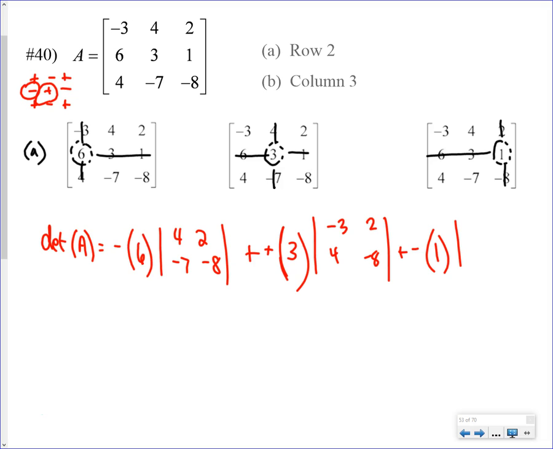There we go. So you can see the sign, you can see the entry. Negative times 1, and then we have negative 3. What's left to do? Lots of little baby determinants.